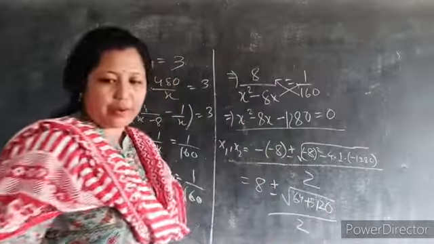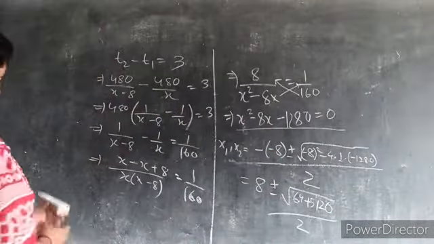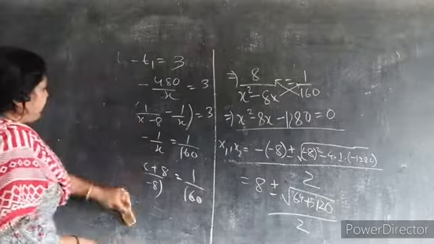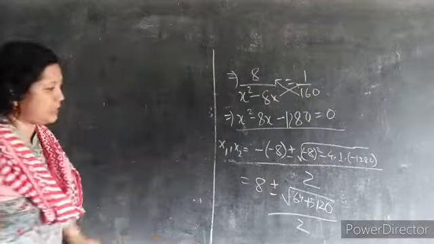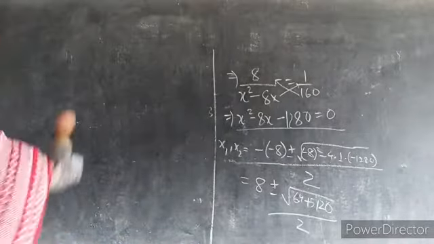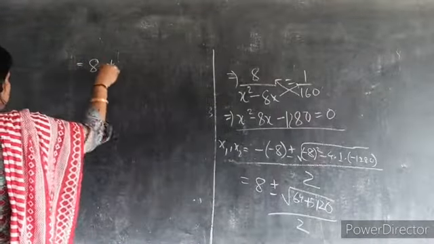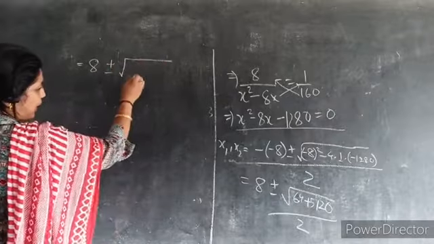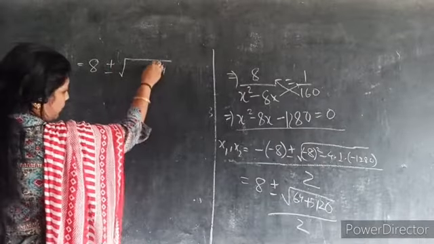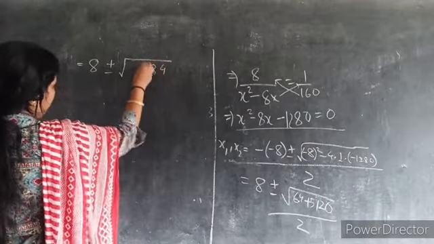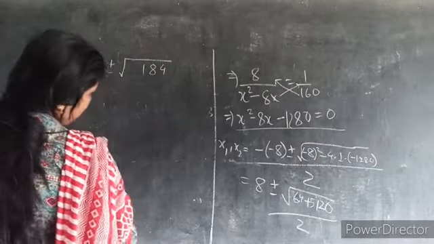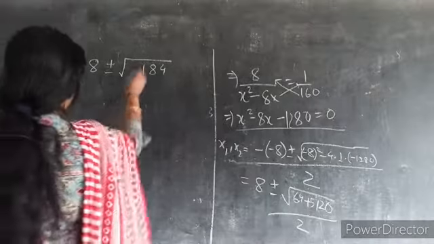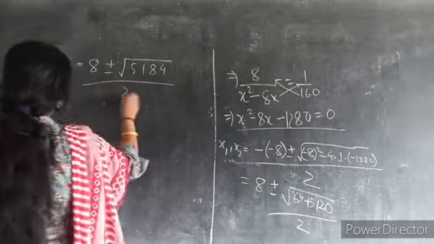Since it is a quadratic, because your polynomial is coming in degree 2, we are finding the answer, that is the speed of the train, that is the x value. So 8 plus minus root over 64 plus 5120, upon 2.